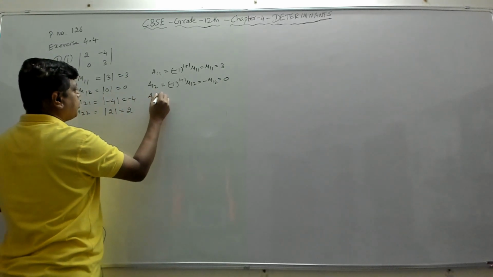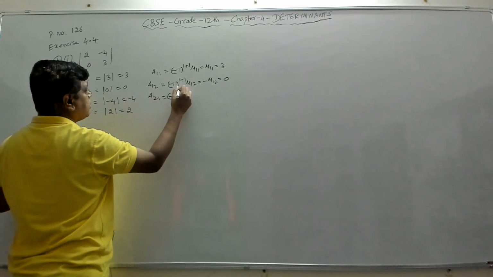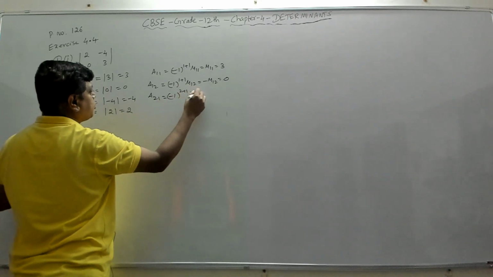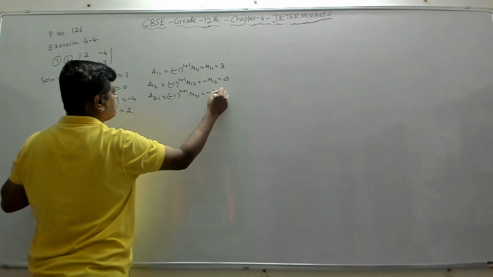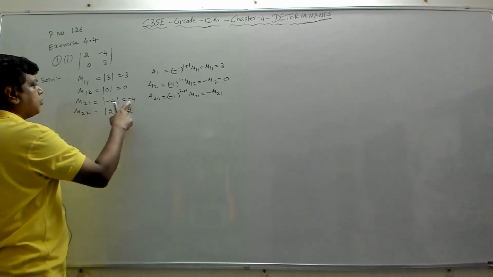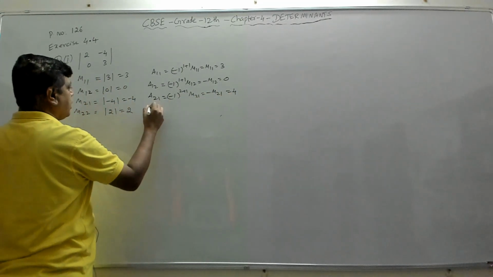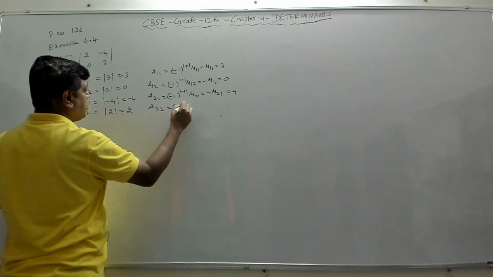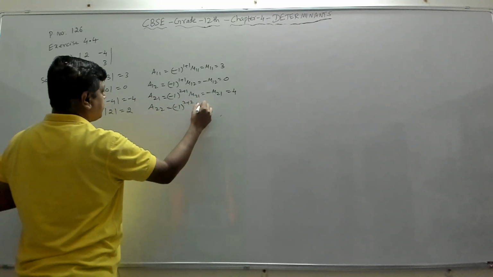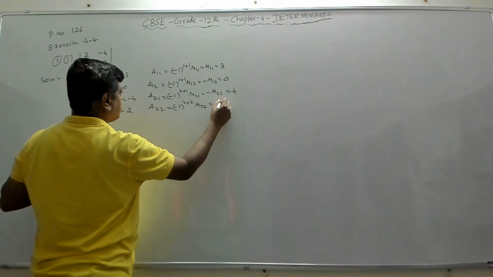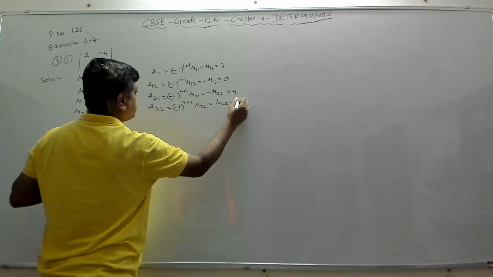A21 is minus 1 power 2 plus 1 times M21, that is equal to minus of M21, and M21 is minus 4, so minus of minus 4 is plus 4. Then A22 is equal to minus 1 power 2 plus 2 times M22, that is equal to M22, which is 2.